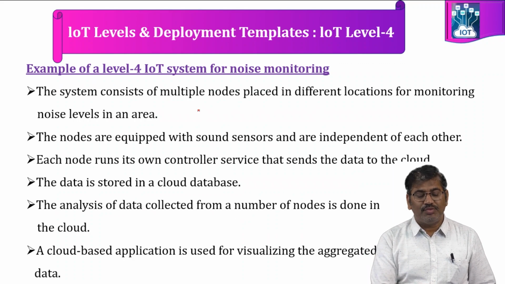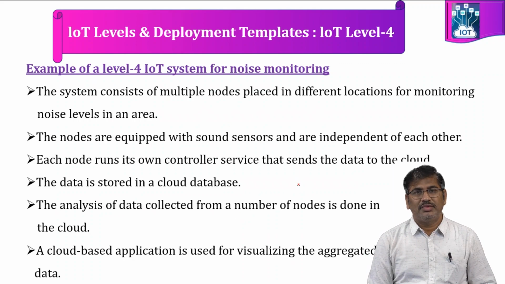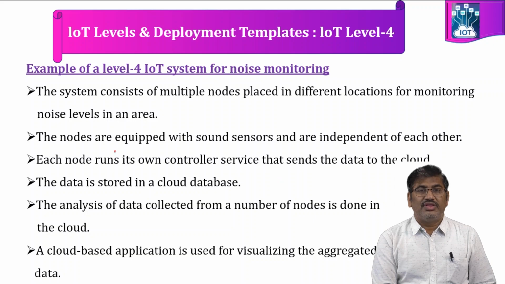Now we will see the example for level 4 system, which is for noise monitoring. The system consists of multiple nodes placed in different locations for monitoring the noise levels in an area. The nodes are equipped with sound sensors and are independent of each other.